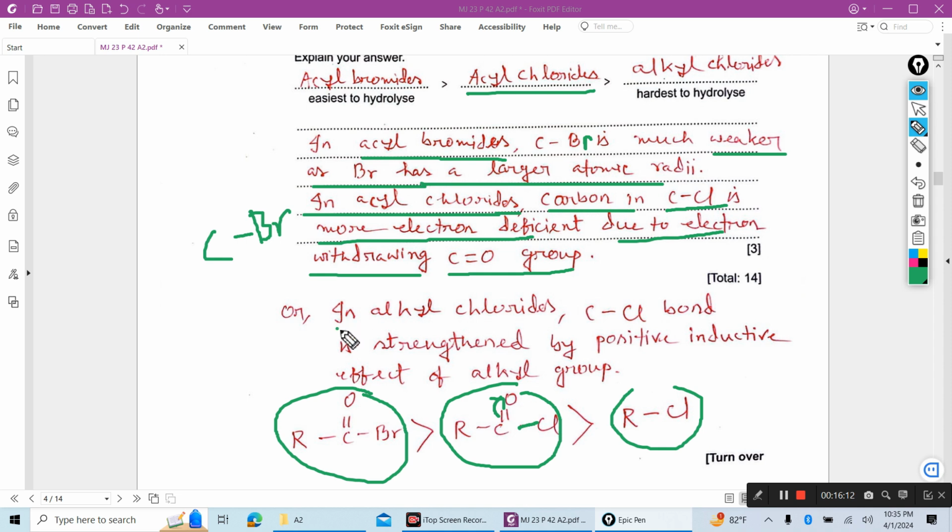But in alkyl chloride, the C-Cl bond is strengthened. The C-Cl bond becomes stronger by the positive inductive effect of the alkyl group. As the alkyl group is electron donating, the RCl bond becomes strong, so hydrolysis will not be easier. The hydrolysis reaction will be hardest.